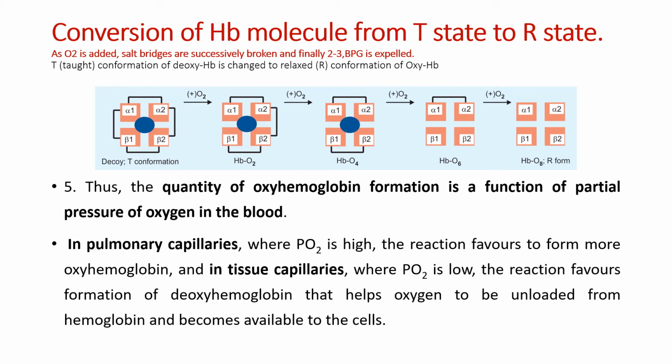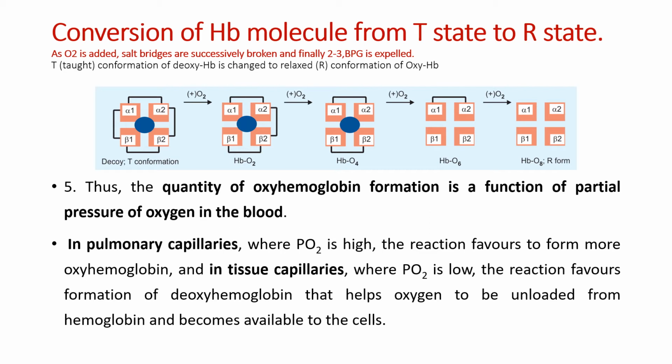Now, when this R state hemoglobin reaches the tissue level, there is decreased partial pressure. What will happen? The affinity of the hemoglobin for oxygen will reduce and the R state will return back to T state, and thus the oxygen which was loaded in the lungs will be offloaded in the tissues and oxygen will reach the tissues.